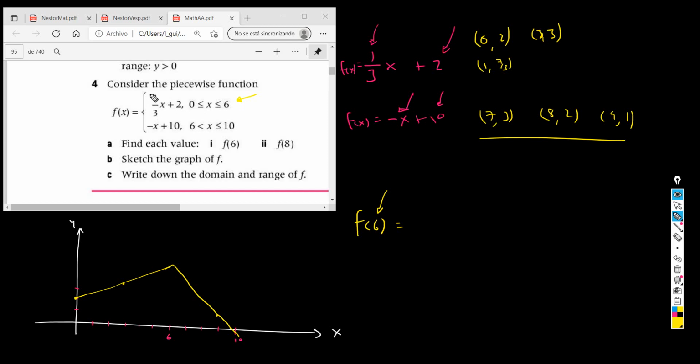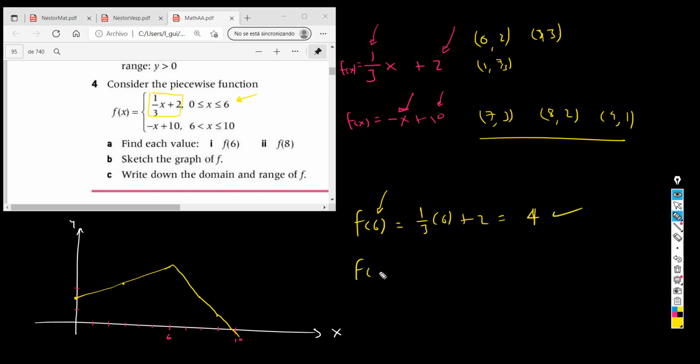So this is the part that you should consider when calculating f of 6. And basically all you need to do is, like we always do, substitute 1/3 times 6 plus 2. This is going to be 4.